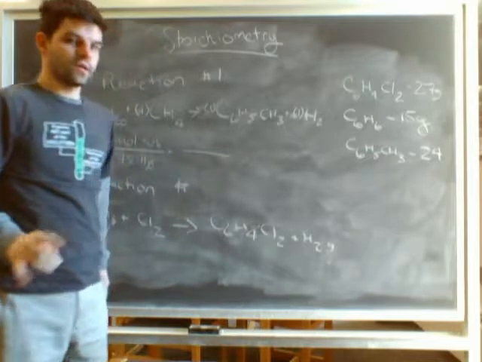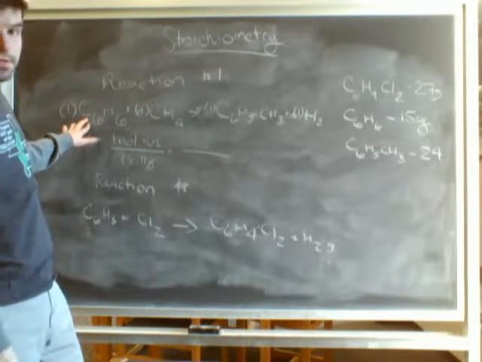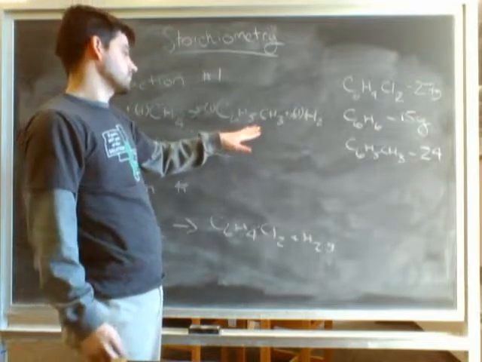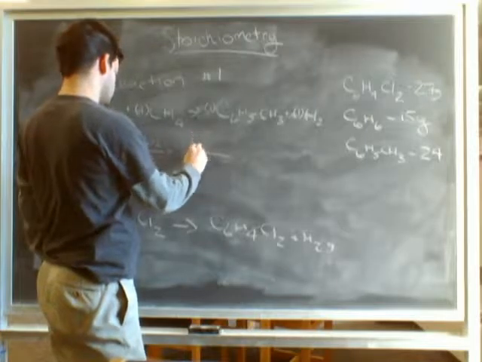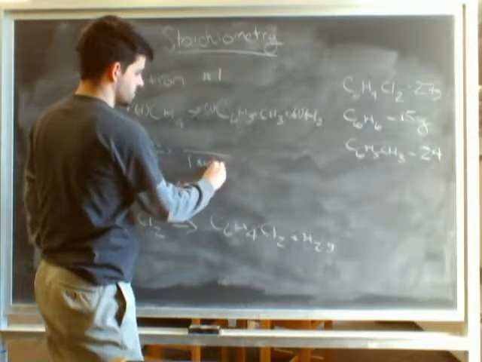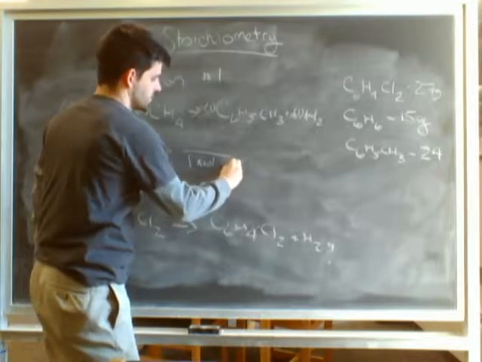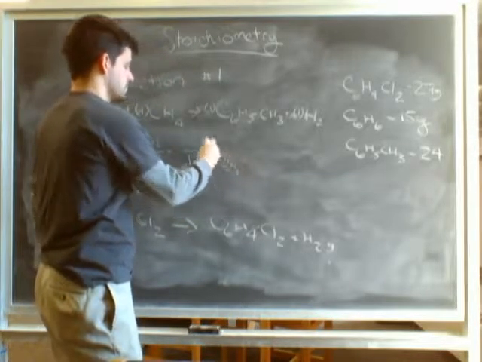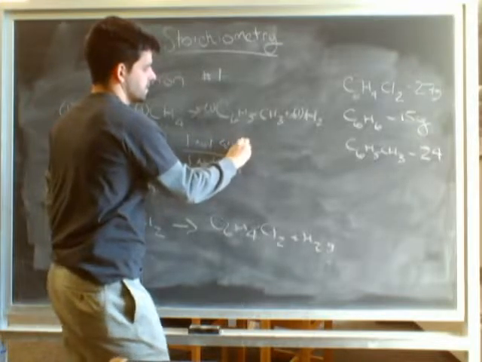Now we can look at the ratio of the two. For every mole of C6H6, I get 1 mole of toluene created. So we can use that to convert from moles of C6H6 to moles of C6H5CH3.